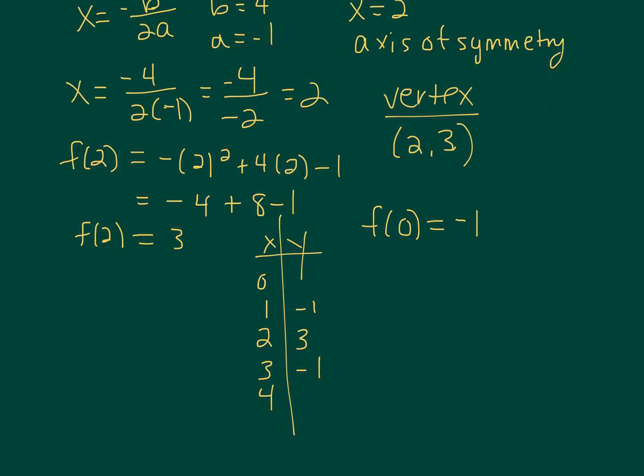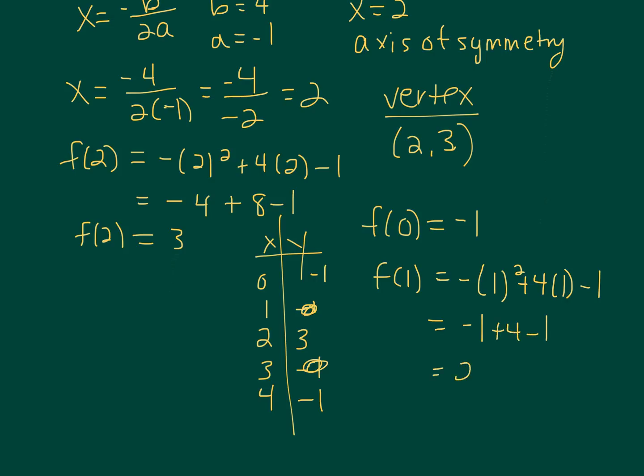So f of 4 is negative 1. And now we need to do f of 1. That's negative of 1 squared. That's why I always tell you to put it in parentheses. That helps you remember. So that's negative 1 plus 4 minus 1. So that's 2. So f of 1 is equal to 2, which means f of 3 is equal to 2.